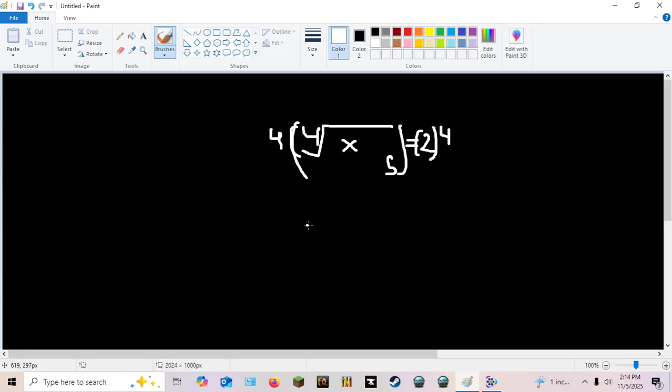Now the 4's cancel, so x by itself equals 2 tetrated to 4.